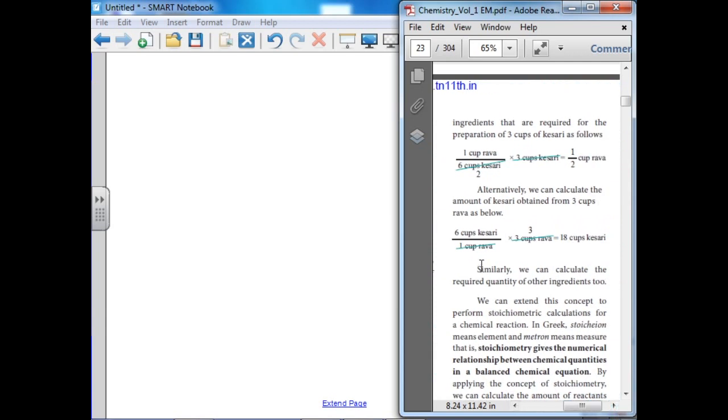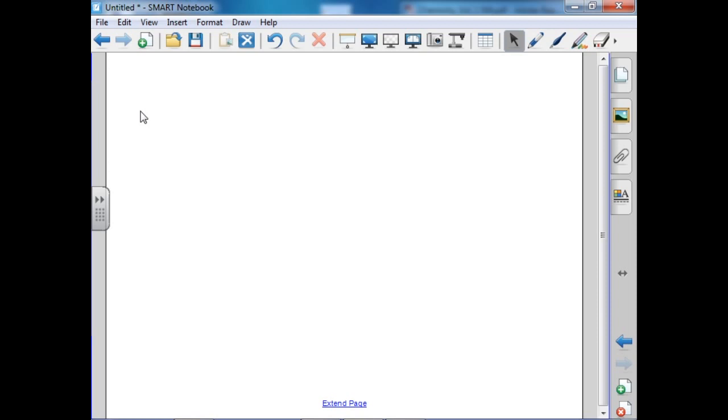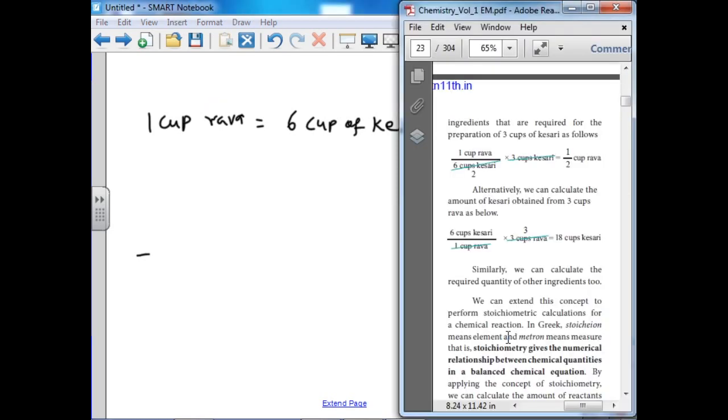Simply, 1 cup of rava equals 6 cups of kesari. The question is, calculate the amount of ingredients required for the preparation of 3 cups of kesari. Actually 1 cup of rava equals 6 cups of kesari.